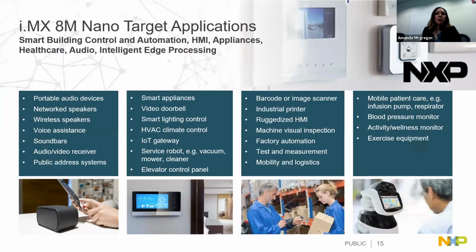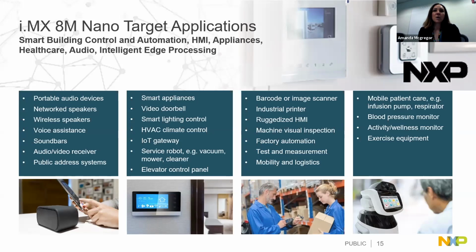Now, where would one put the Nano? Where would you design it into? What are some of the target applications? Really, I've captured a very, very small number here. It is much broader than this. But what I'd like to say is that the smart connected home, as you know, is an incredibly growing area globally.